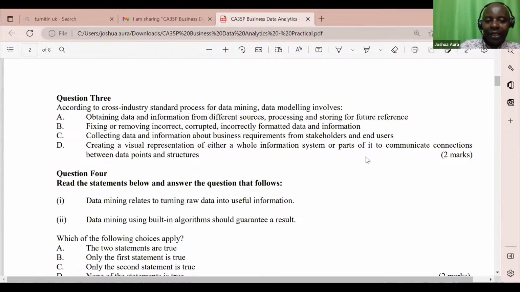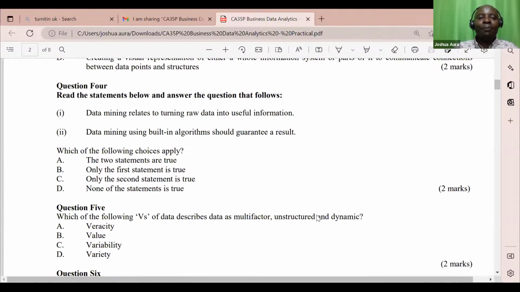But before I do that, through guesswork, look at question 4. This is pure guesswork. Read the statements below and answer the questions that follow. 1, data mining relates to turning raw data into useful information. 2, data mining using built-in algorithms or models should guarantee some result.